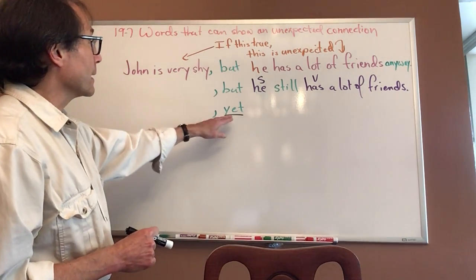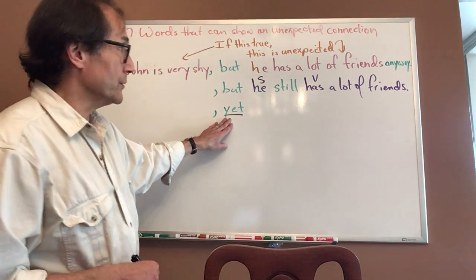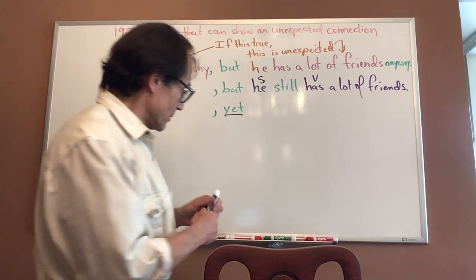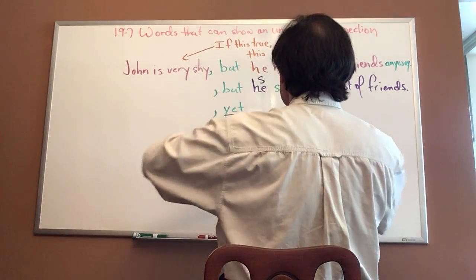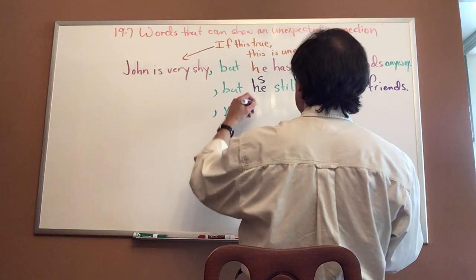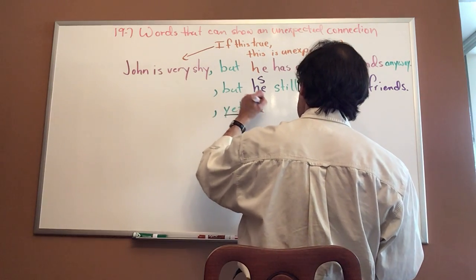And yet can also be used with anyway and with still. So I could say, John is very shy, yet he has a lot of friends anyway.